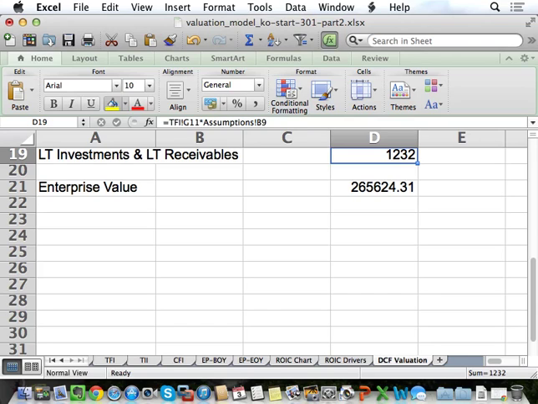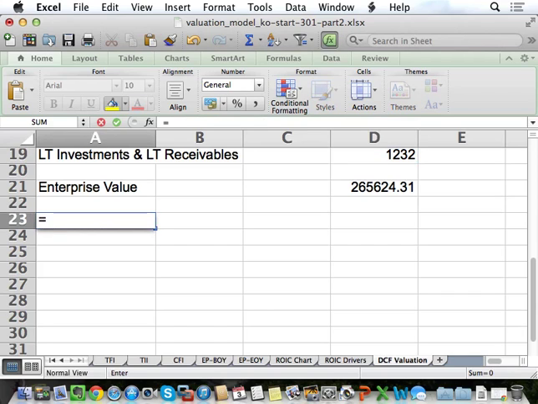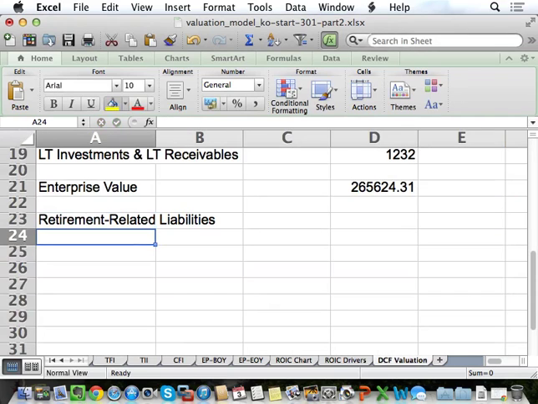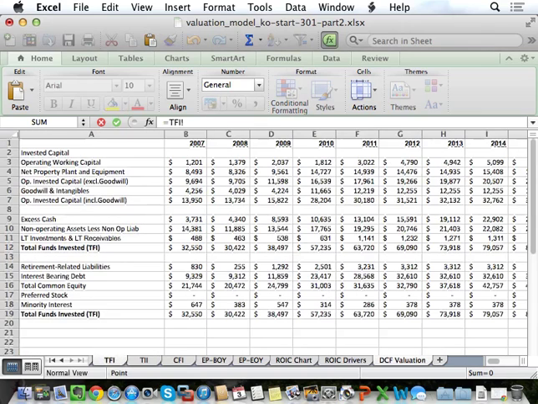So again, this is where the TFI statement can be helpful. So on the TFI, I can see that I have 2 debts, retirement-related liabilities and interest-bearing debt. So I pay off the retirement-related liabilities, and then I pay off the interest-bearing debt.